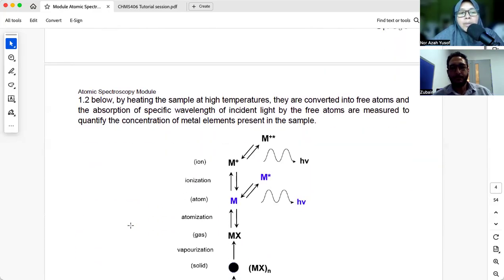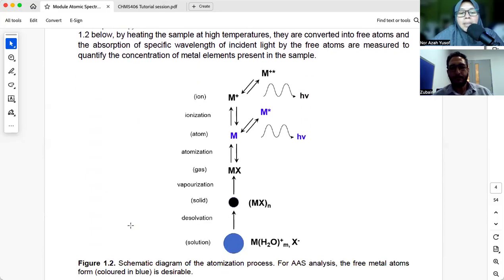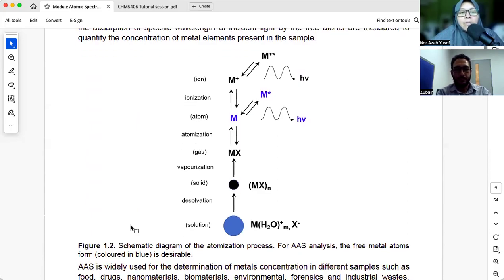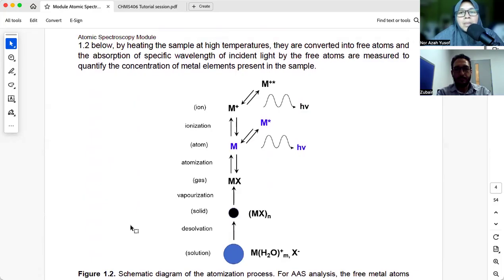And the most important part in the whole AAS machine is the conversion of the sample into free atoms, because it's atomic absorption spectroscopy. This is the most important part that needs to be achieved, which is the atom and the excited atom.